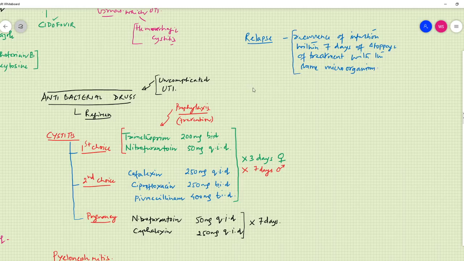And then there is recurrence or reinfection.